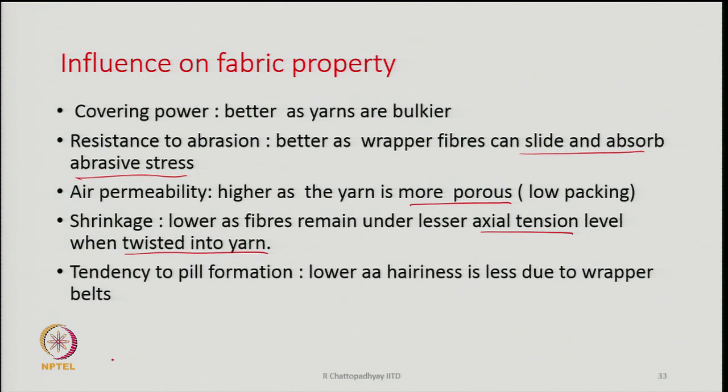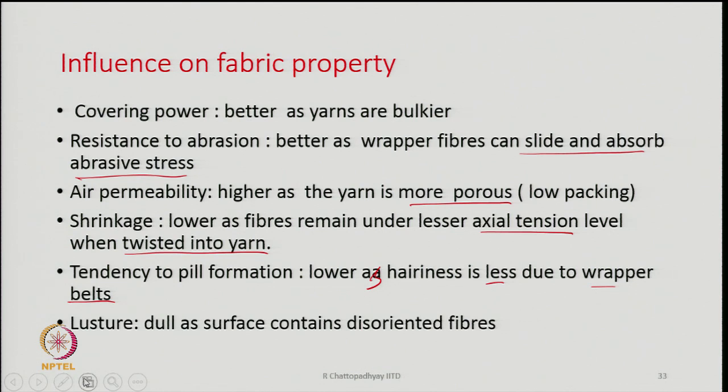Pill formation tendency is also lower as hairiness is less due to wrapper fibers and belts. So, pilling tendency is less. The fabric luster will be dull because the surface has a lot of disoriented fibers. So, the yarn is dull, the fabric also will be dull.